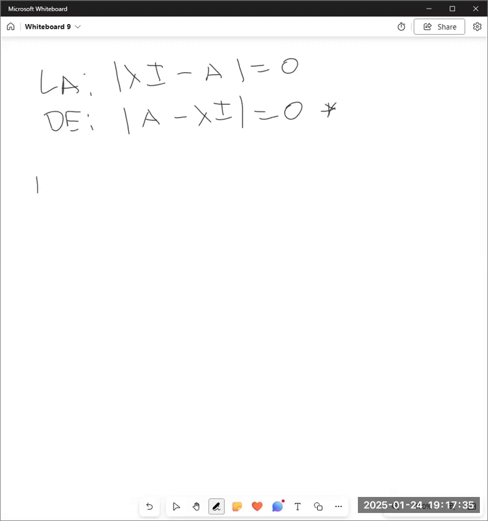So number one from 8.2 starts off with dx/dt is equal to x plus 2y, and dy/dt is equal to 4x plus 3y.